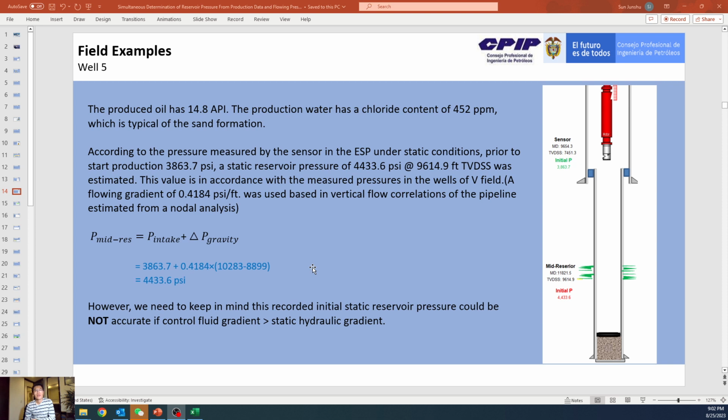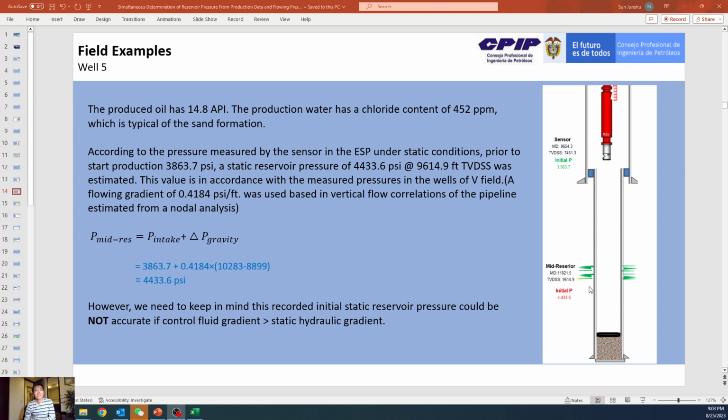According to the pressure measured by the sensor in the ESP and static conditions prior to start production is 3,863.7 psi. A static reservoir pressure of 4,433.6 psi at the middle perforation was estimated.